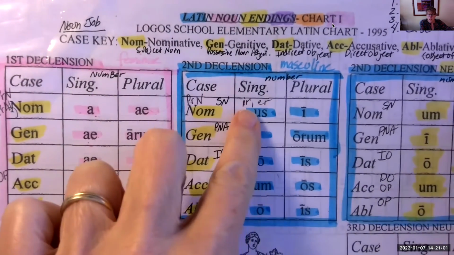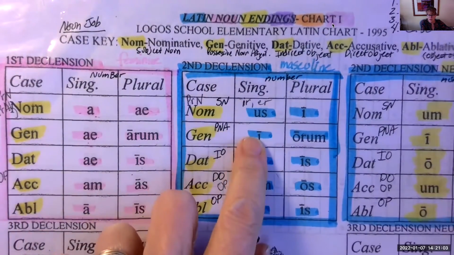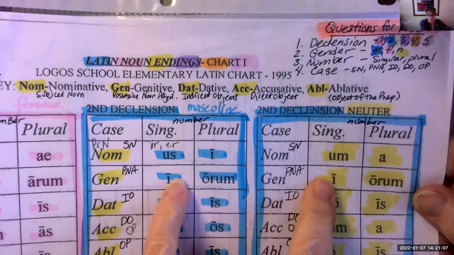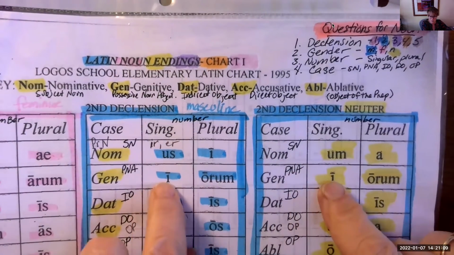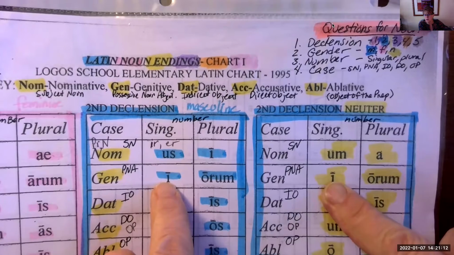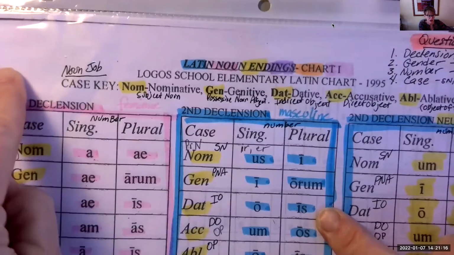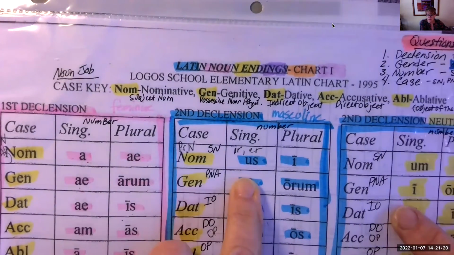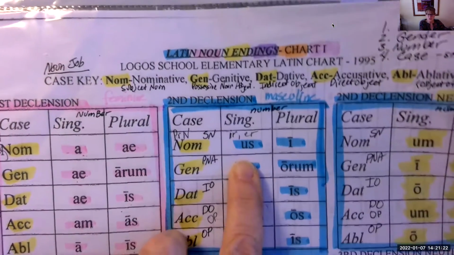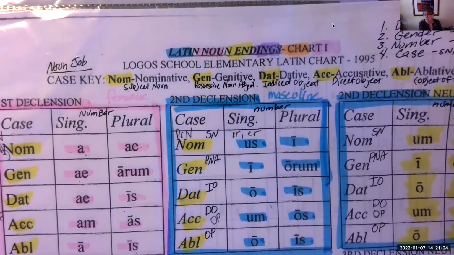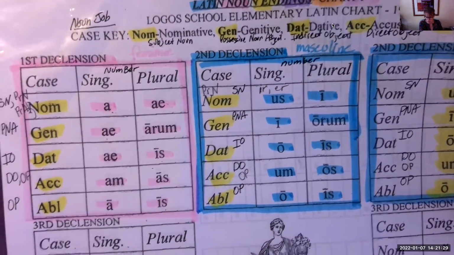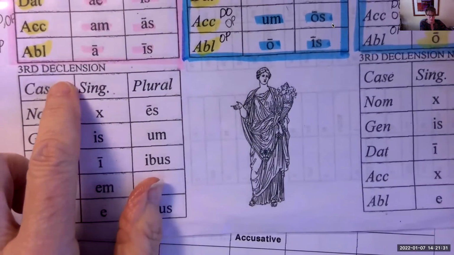Second declension ends in us and I, or second neuter. This genitive ending right here, this I, that's your indicator of what kind of noun this is. Is it a first kind that ends in AE? Is it a second kind that ends in I? Okay, this is all we learn in Latin Primer A, but actually it goes on. There's a third kind.